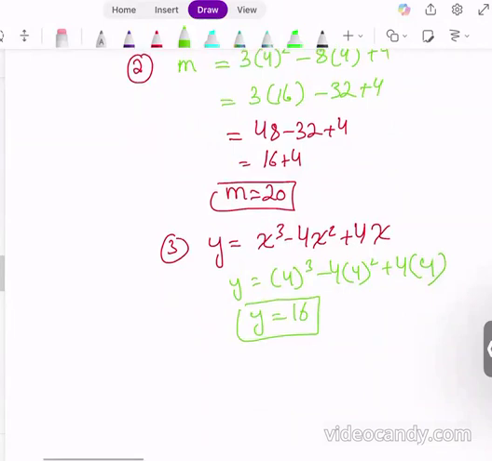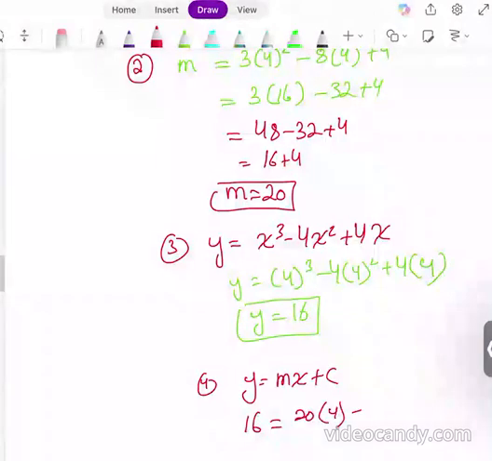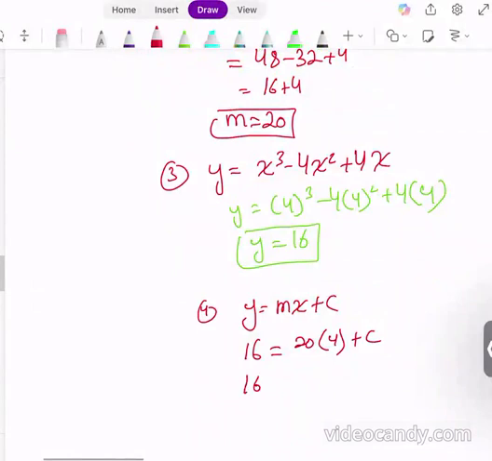Now we need to find out the value of the constant. y is equal to mx plus c. 16 equals 20 times 4 plus c. So 20 times 4 is 80. 80 will go to the other side and it will be subtracted. So the final answer we get is minus 64.